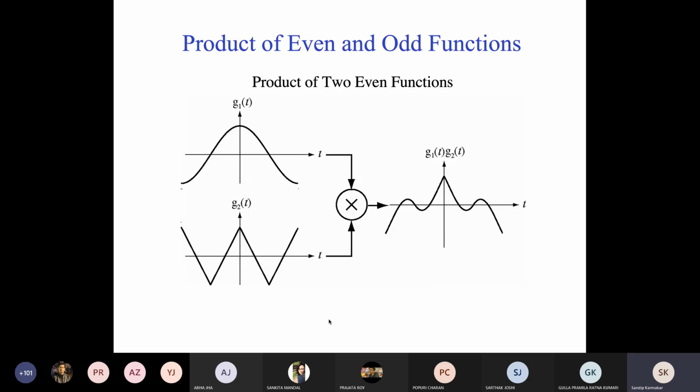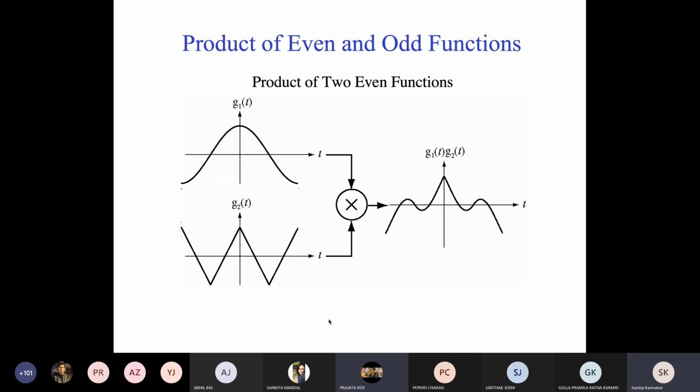Anyway, product of two functions: g1(t) is given by the upper function and g2(t) is given by the lower triangular function. If you multiply these two, you get the function shown on the right hand side. Now you can see that g1(t) is even or odd? Even, sir. And g2(t)?